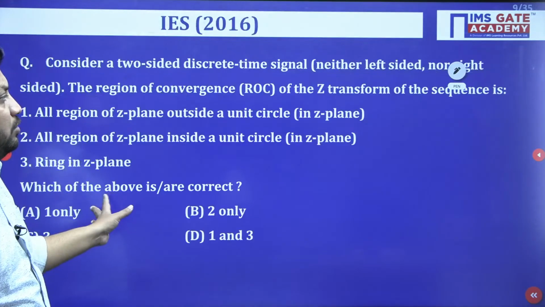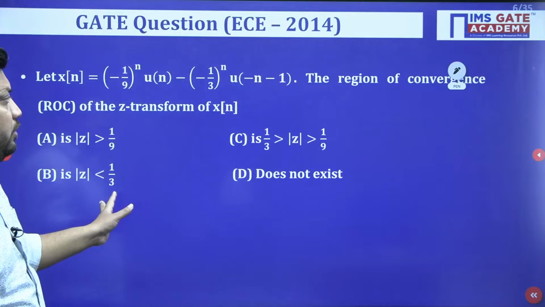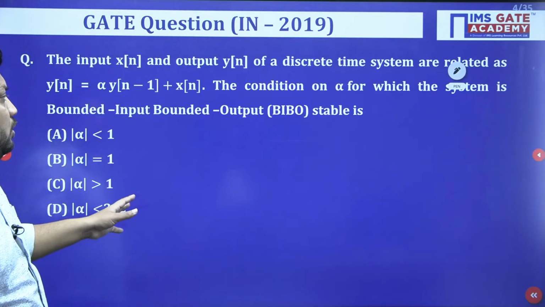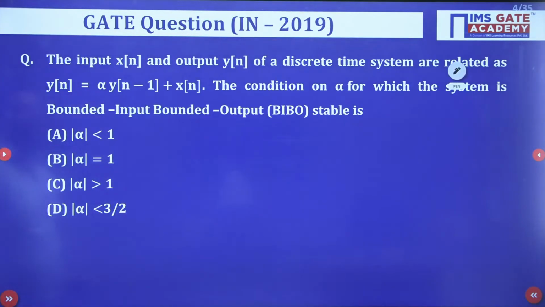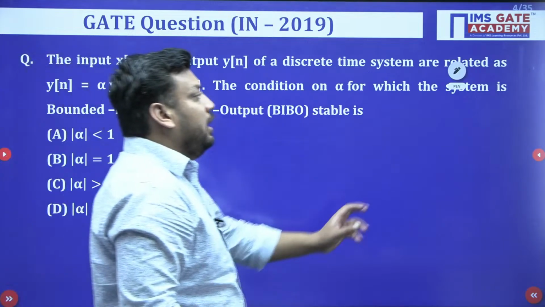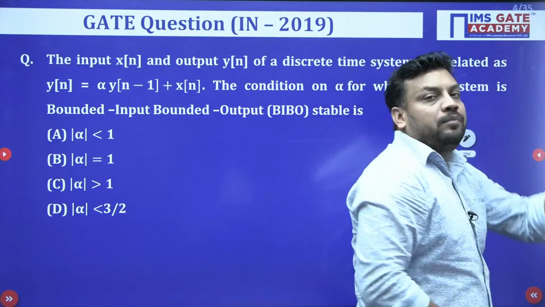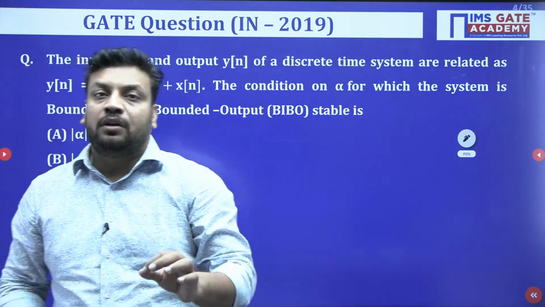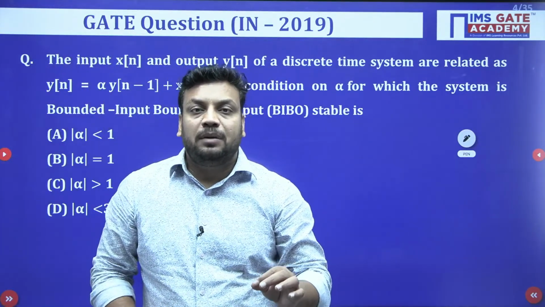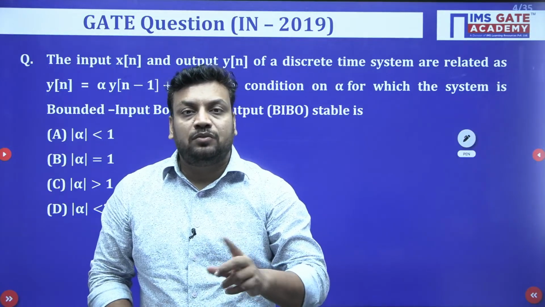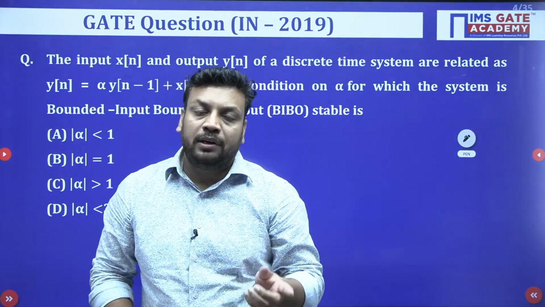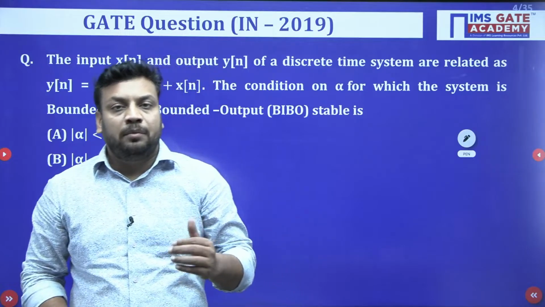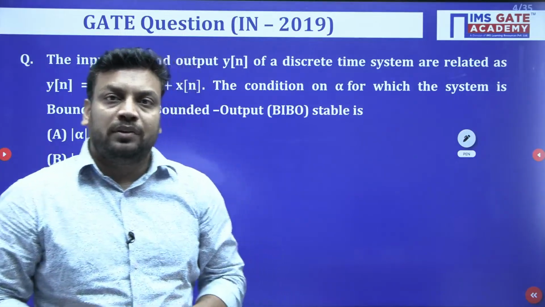Okay, here also we have one question that I told you we will do after the properties. Just like the Laplace transform, whenever any differential equation is given, the first step is always to take Laplace transform both sides, identify output and input, and take the ratio of output and input, which will give you the transfer function.